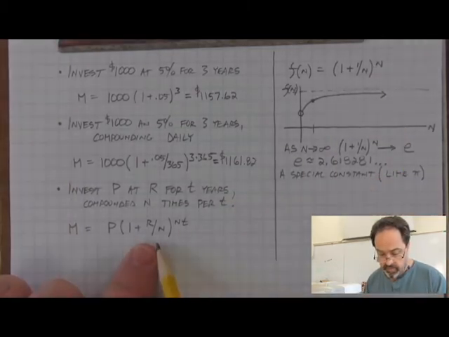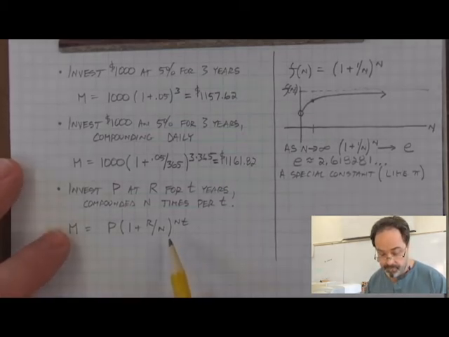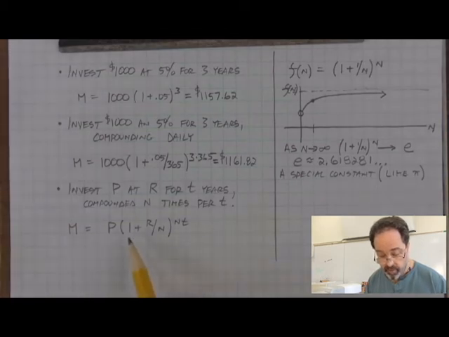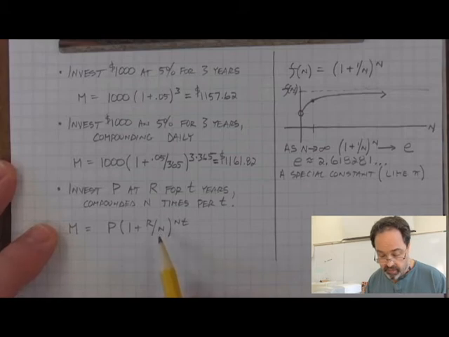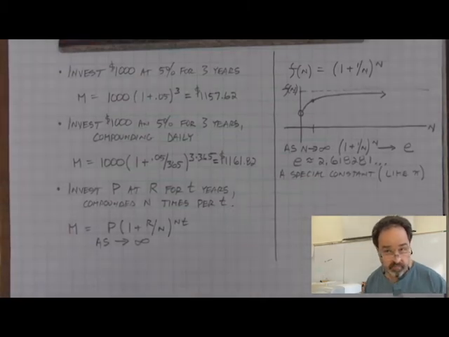How does E apply to our money investment situation? Well, if this equation will calculate an amount of money that grows, and we literally allow n to go to infinity, then this equation, as n approaches infinity, can be replaced with another equation for instantaneous growth or continuous compounding.